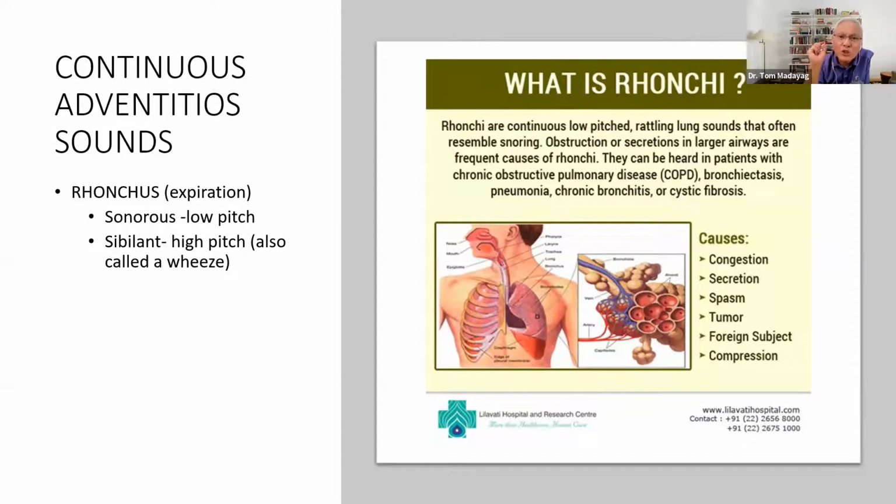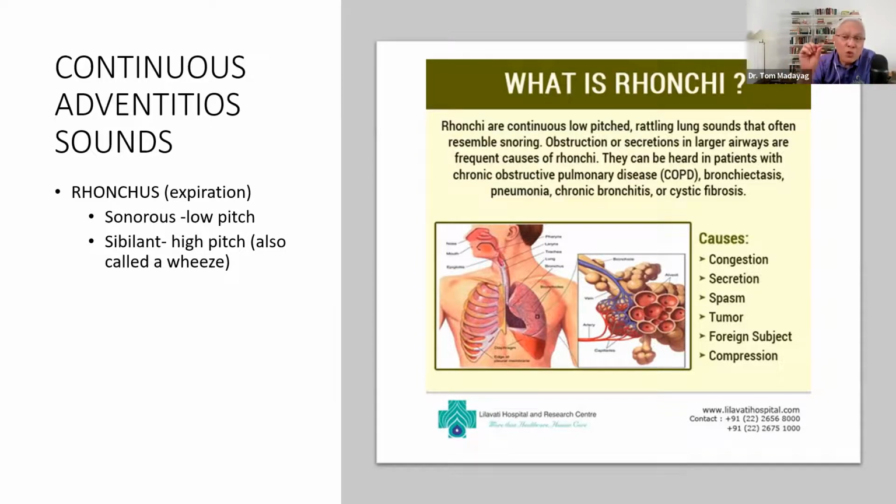A high-pitch rhonchi is what is known as a wheeze. So remember, here in the United States, we have a bad habit of saying, the patient has rhonchi. When you hear that, it is assumed that it is a low-pitch rhonchi. If it is a high-pitch rhonchi, we say the patient has a wheeze. They're one and the same thing, okay?